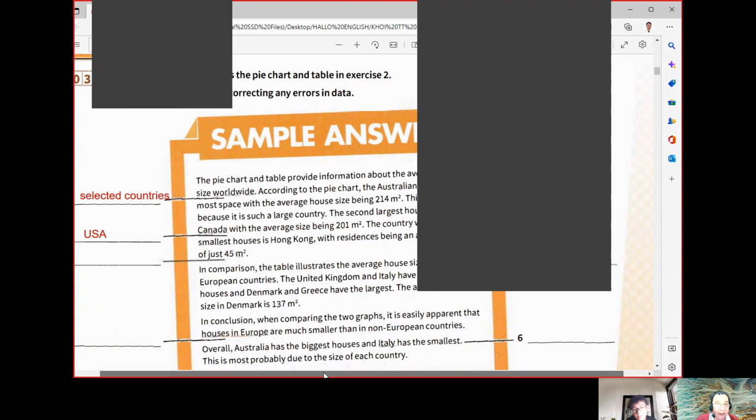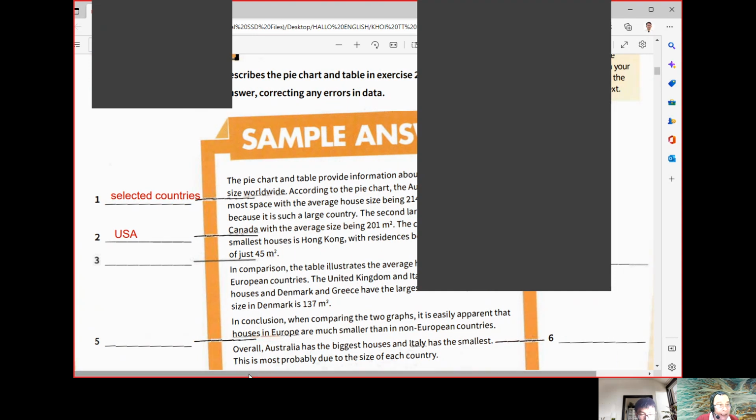Okay, next, number 5. In conclusion, when comparing the two graphs. Now, remember this one, Khoi? We're doing the so-called essay. In an essay, we have the introduction, the body, and the conclusion.